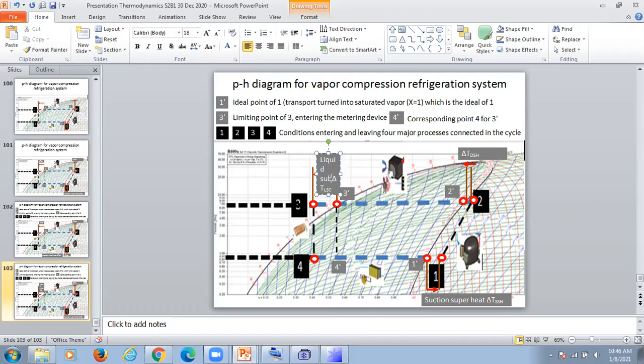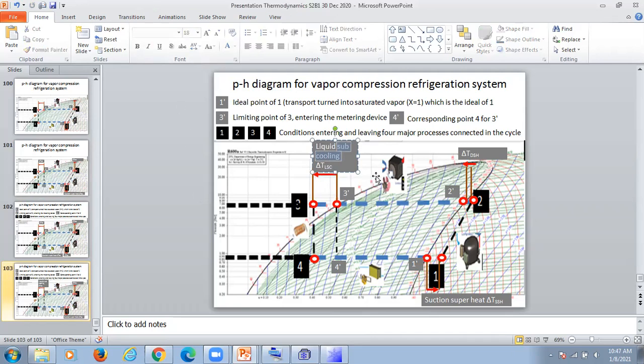Okay, subcooling. Because subcooling means it's related to liquid, superheating means it's related to gas.